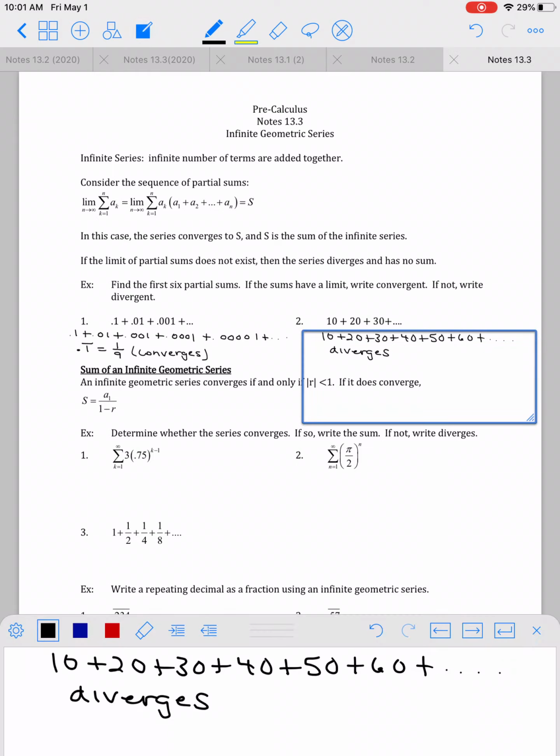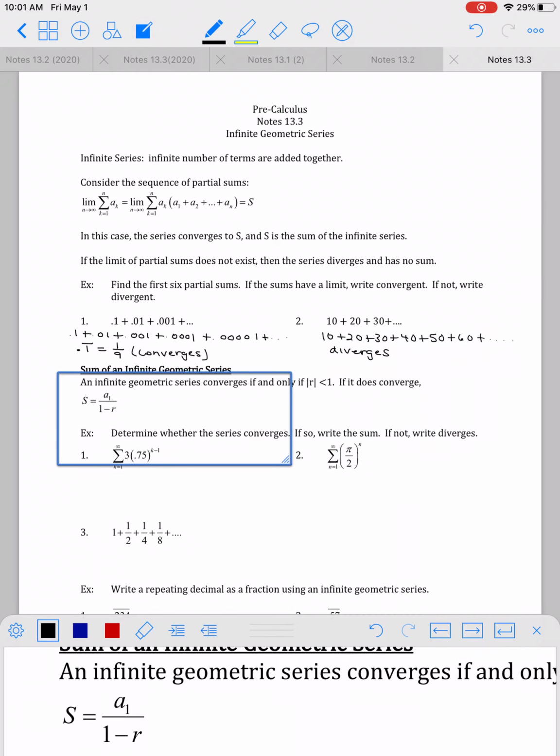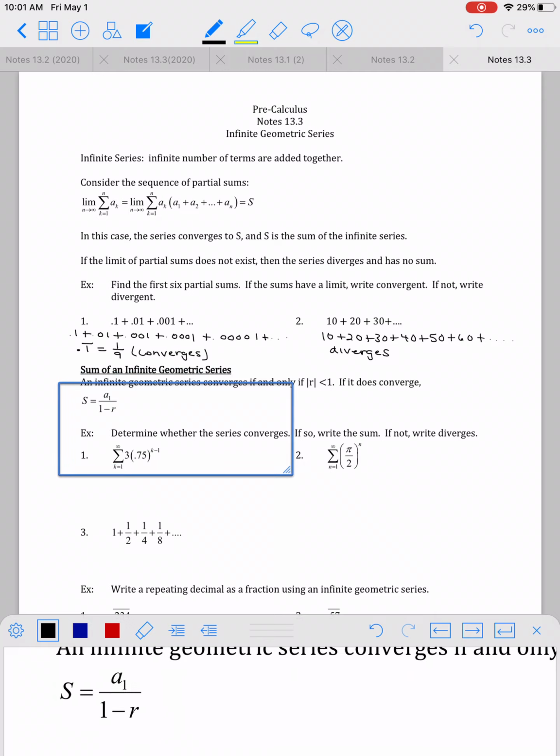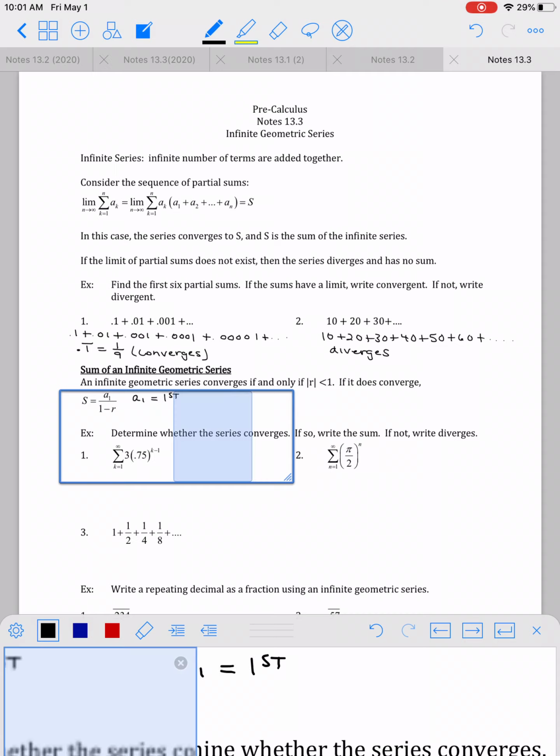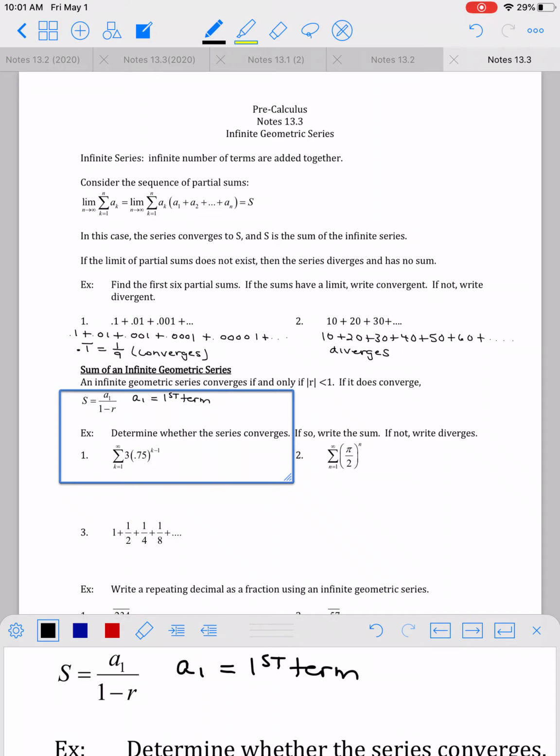So for your formula for the infinite geometric series, we need to know a couple things. We need to know a sub 1 is the first term. We also know r is the common ratio.